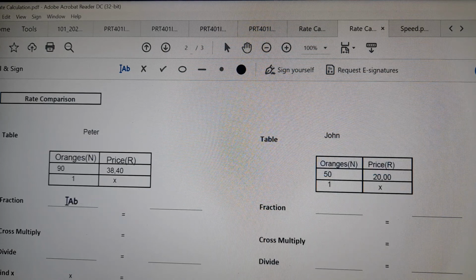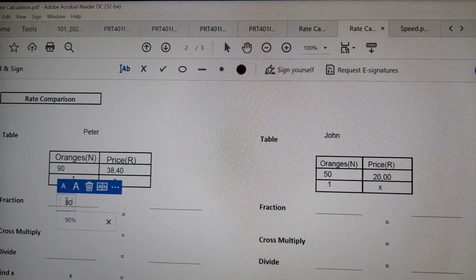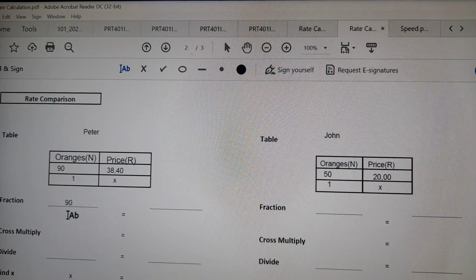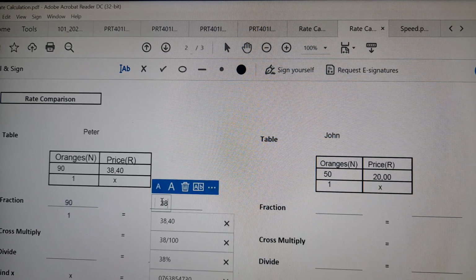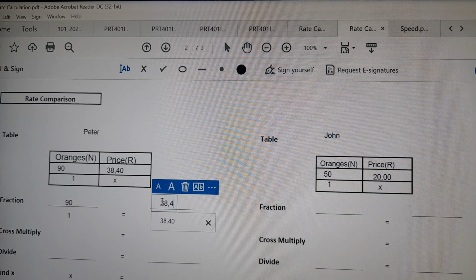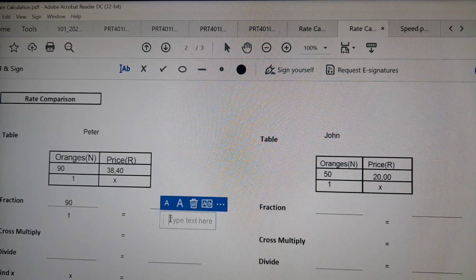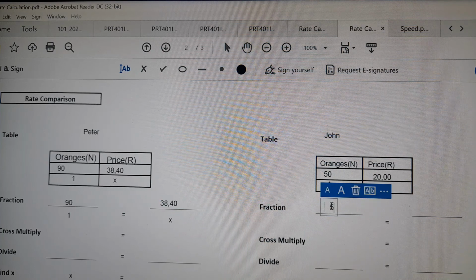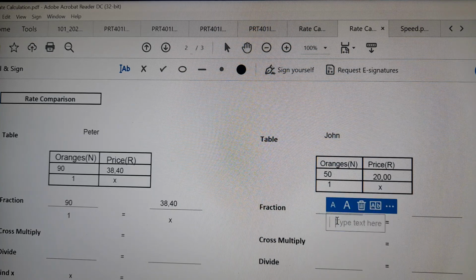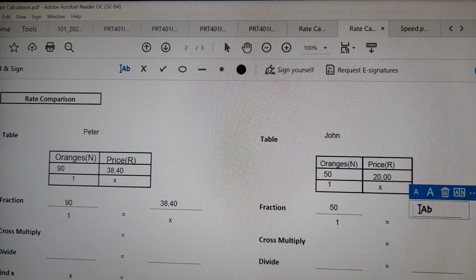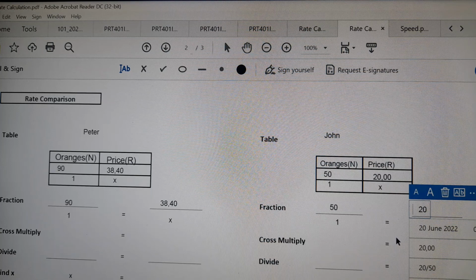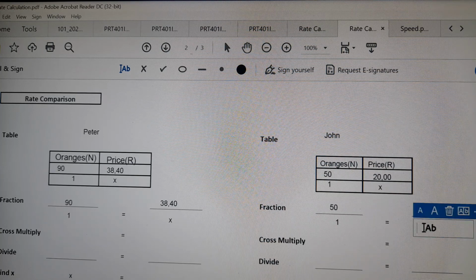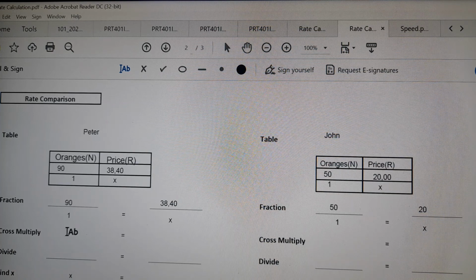Right, now we are done, so we can do our fraction. Here our fraction is 90 over 1, and it's 38 rand 40 over X. And here our fraction is 50 over 1, and this side is 20 over X. So now you know what is the next thing you can do.